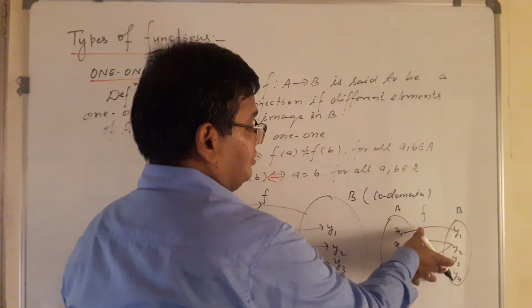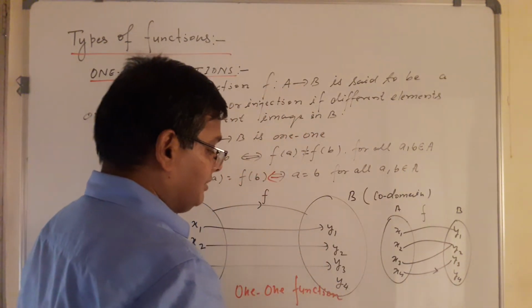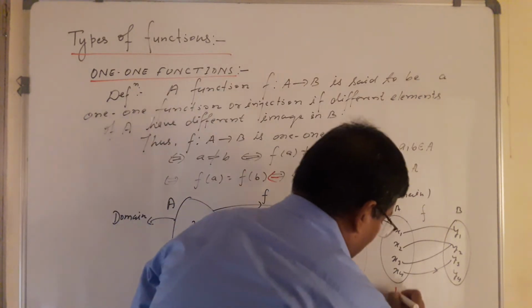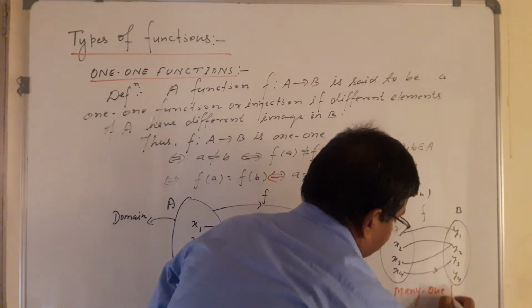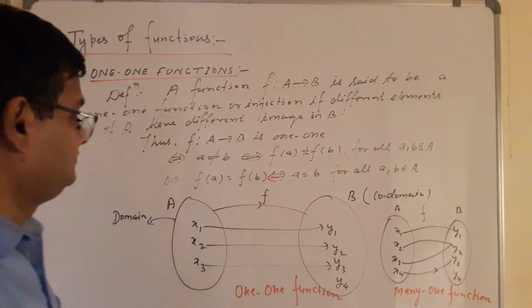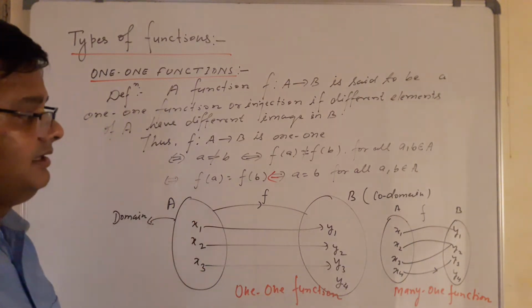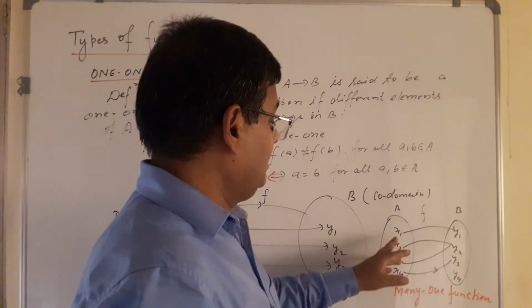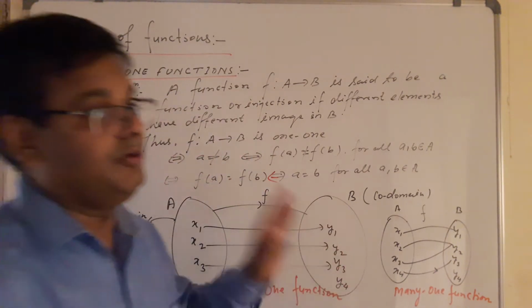This function is called a many-one function. If it is not a one-one function, then it is called a many-one function. Here a one-one correspondence should be there. If the given function is not one-one, then it is many-one.